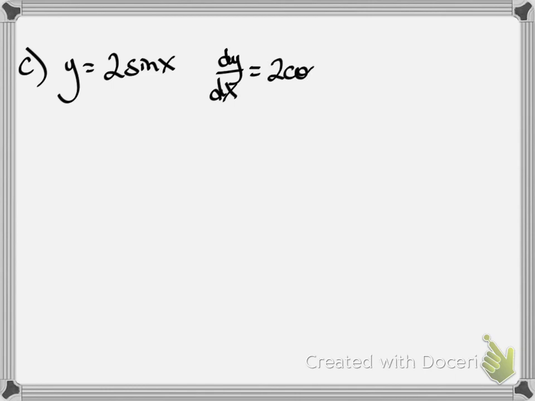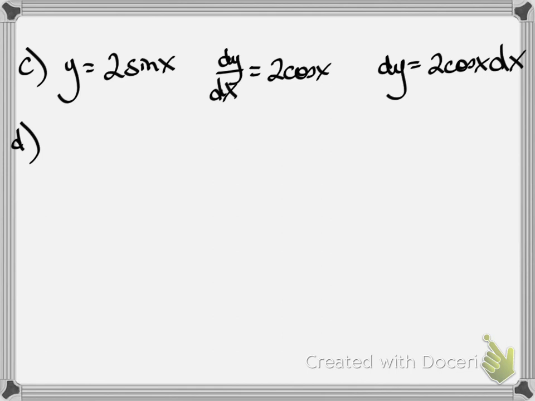Example C, y equals 2 sine x. So the derivative of y with respect to x is 2 cosine x. And now if you want to start skipping this middle step, and you just want to take the derivative and then put the dx in the end, that'll be fine.